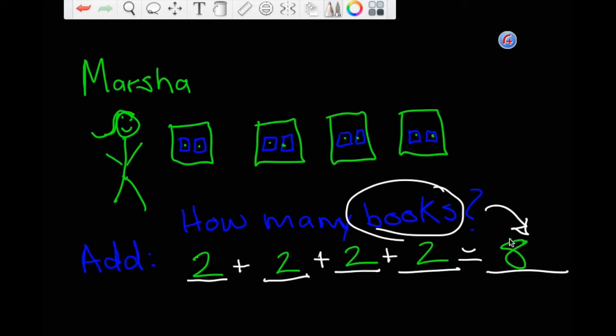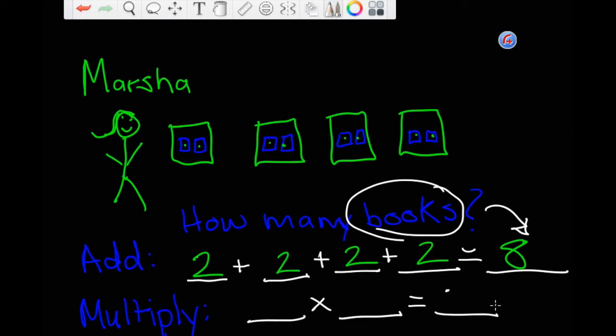But now the question is, how can I show this using multiplication. And multiplication just means a simpler way of thinking about and writing repeated addition over and over again. When we're doing multiplication, we're doing some number times another number equals the total.